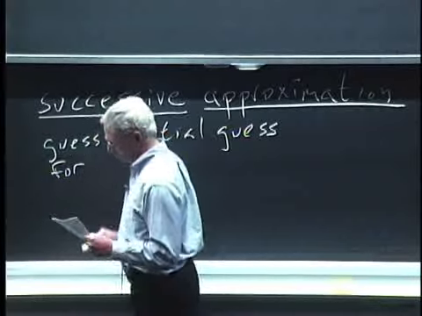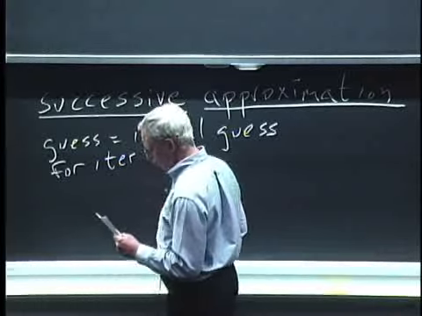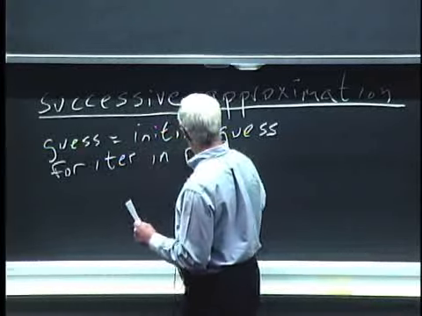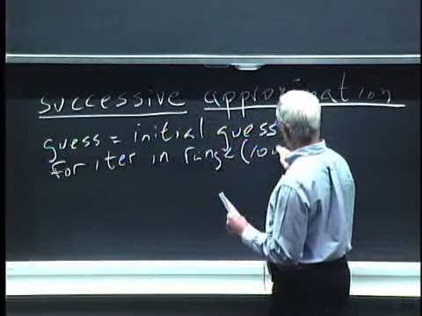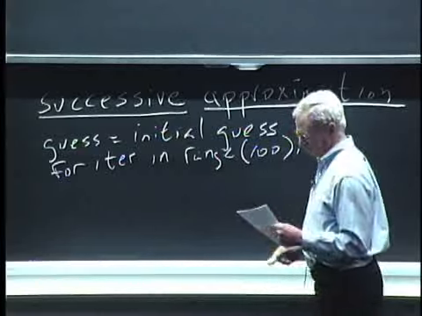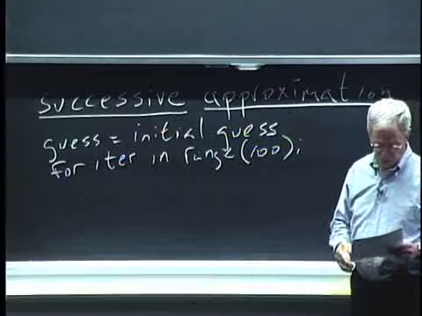You then iterate, and in a minute I'll tell you why I'm doing it this particular way, over some range. I've chosen 100, but it doesn't have to be 100, just some number there.